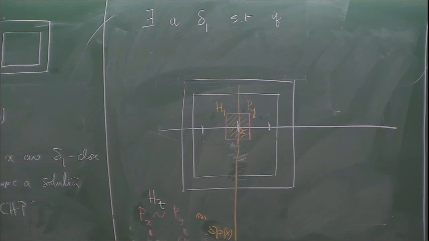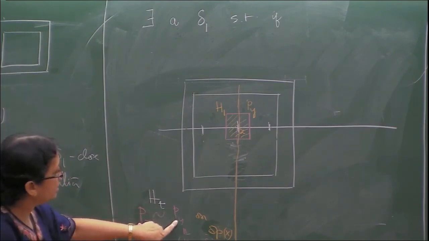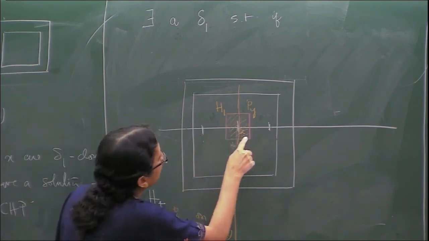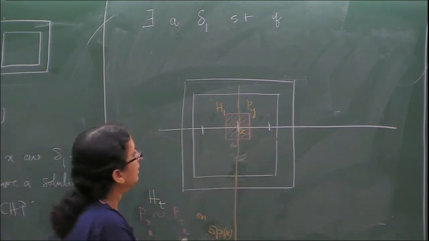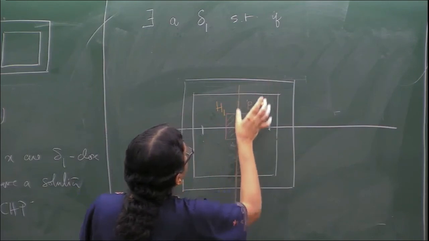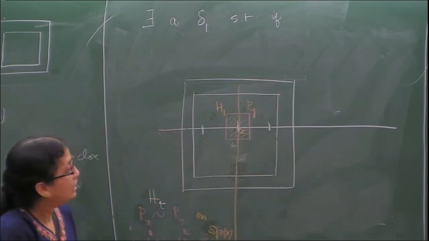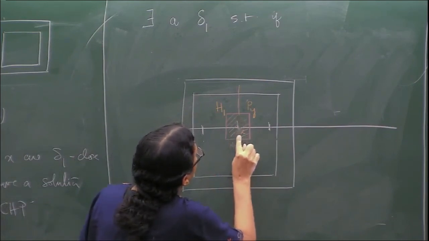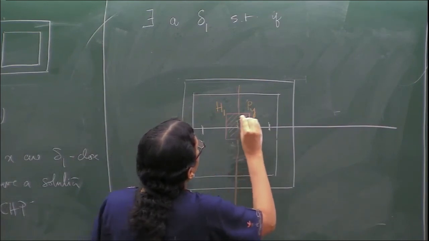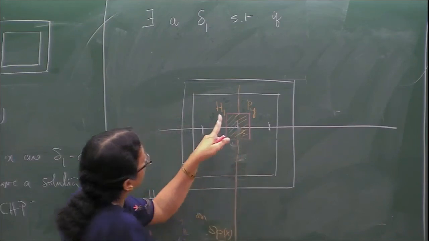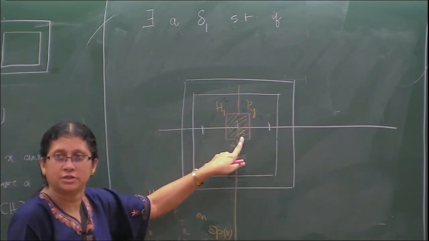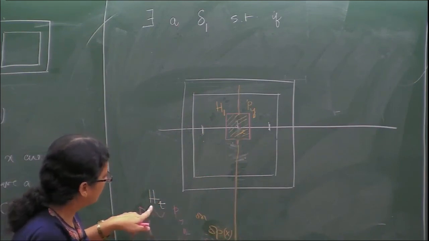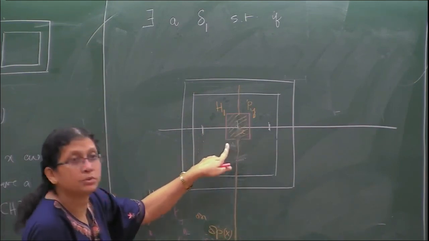So the final map H1 is Py, but only on a small neighborhood. So this small neighborhood I am showing like this. So I have to ignore this part basically. Here there is no match, so I remove this thing. So here, this portion H1 and Py perfectly match because Py and H1 are the same on this small neighborhood.